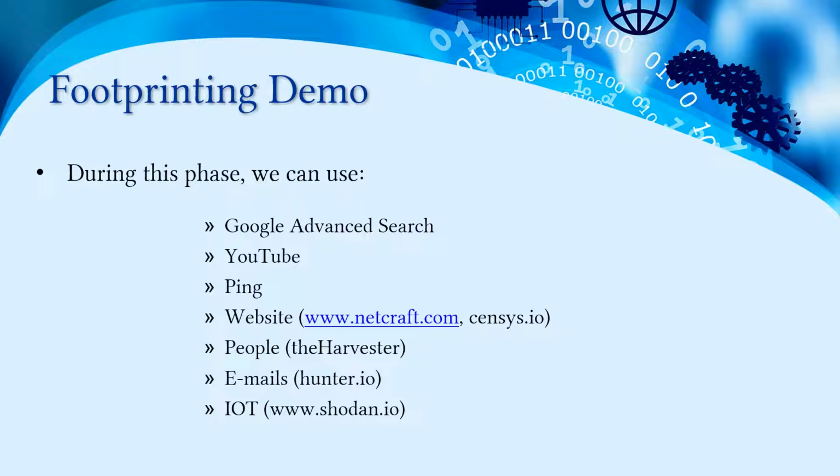the target. We can also use many other tools for website footprinting, which include Netcraft, Censys, Web Data Extractor, or HTTrack. Many tools are there. And if you want to collect information about the individuals of a particular company, their name and designation, you can get this information through theHarvester.